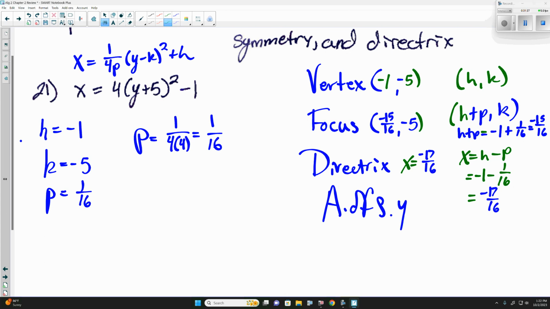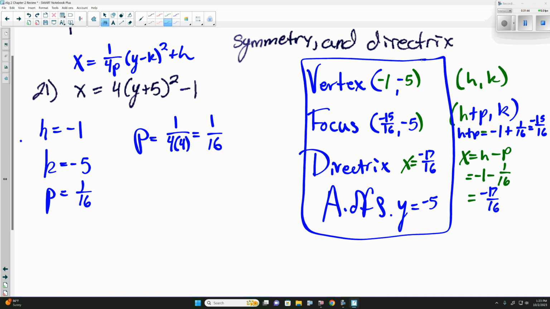And the last one, axis of symmetry, y equals k, and our k value is negative 5.